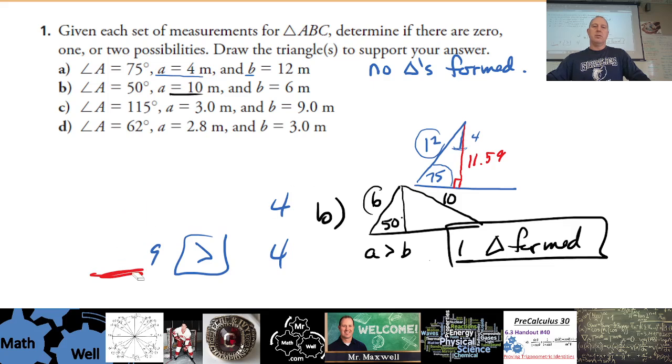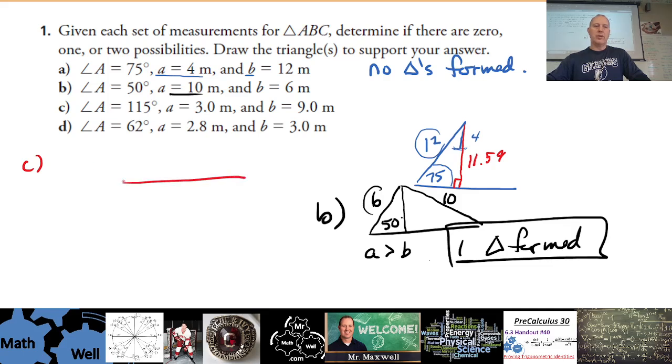Okay, let's check C. You guys may be looking at this and saying, oh, I actually get this now. So C, angle A is 115. We got an obtuse angle going here. We didn't really talk about obtuse much, but just use logic here. If the angle is 115, and this is 9, you're not going to form a triangle on this side.